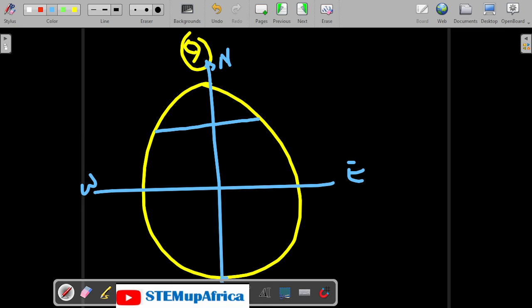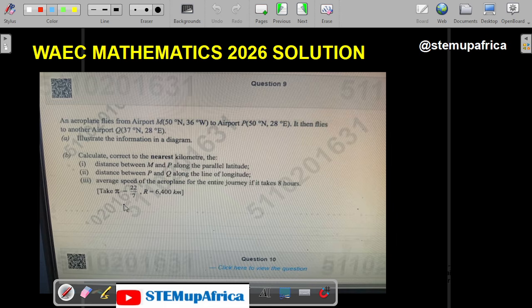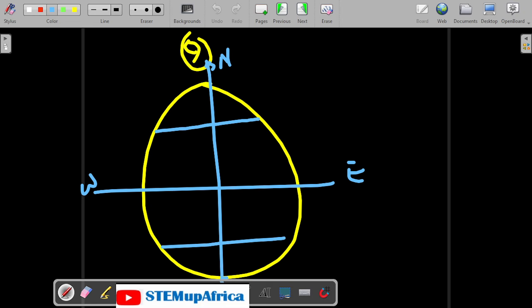Here is the northern latitude and longitude. So we have M is 50 degrees, while the other is 37. Both M and P have the same latitude. So I'm going to have this. This is 50 degrees north.